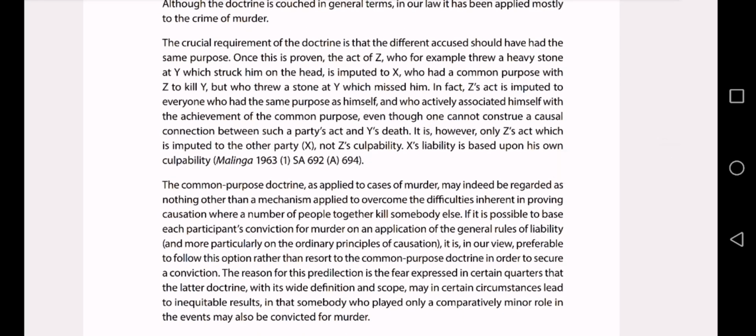The crucial requirement of the doctrine is that the different accused should have had the same purpose.